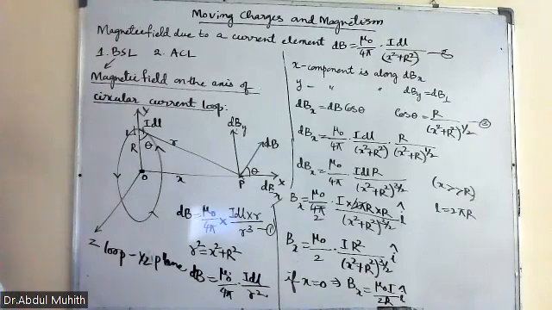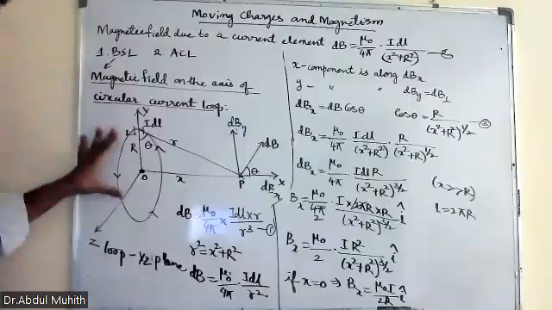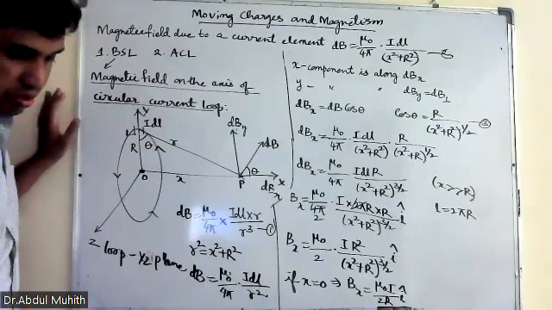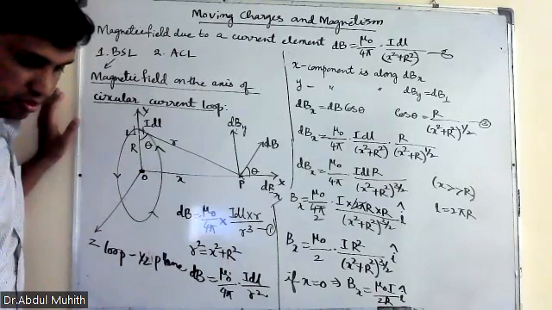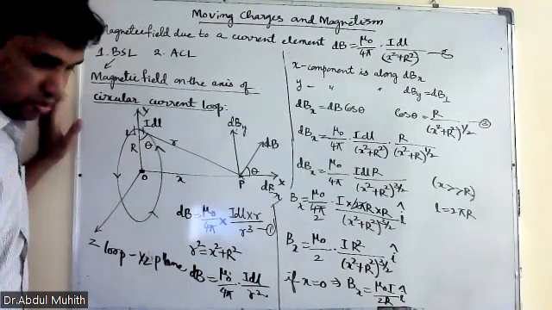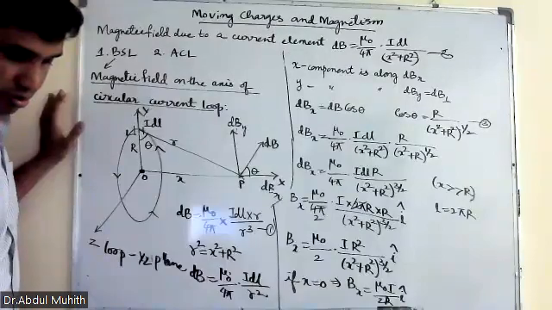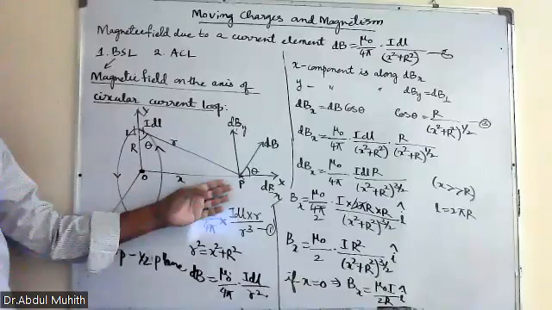Once again, from the beginning: this is a current carrying loop. Now the loop is in the YZ plane, and the magnetic field is along the x-axis.